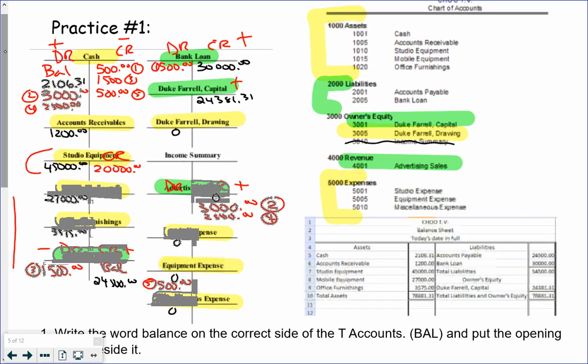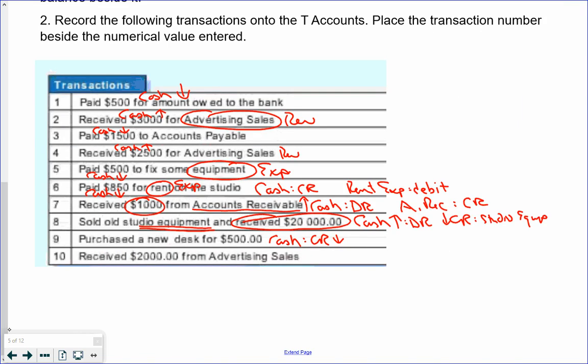New desk is office furnishings. So office furnishings, now you have an extra asset, right? You have more good things. So office furnishings is going to go up, meaning it's going to be debited, right? Credit and debit.